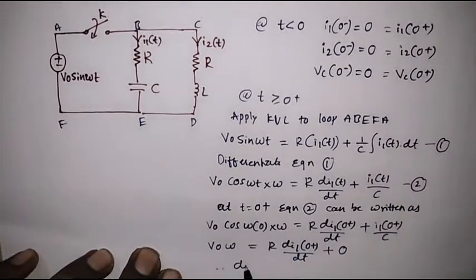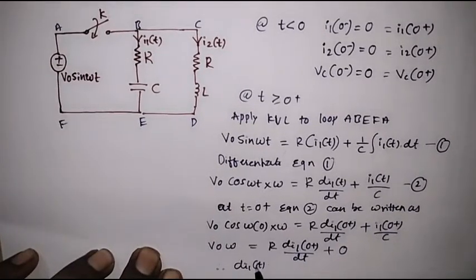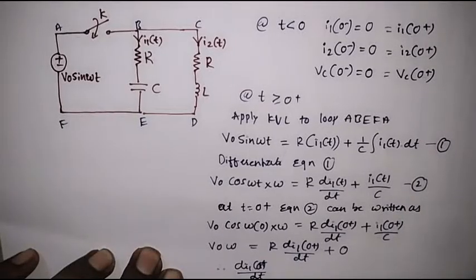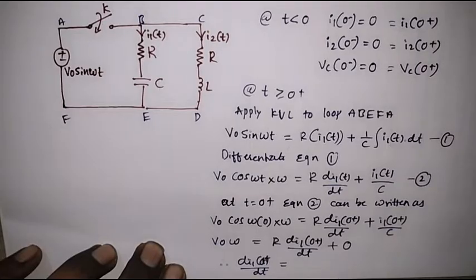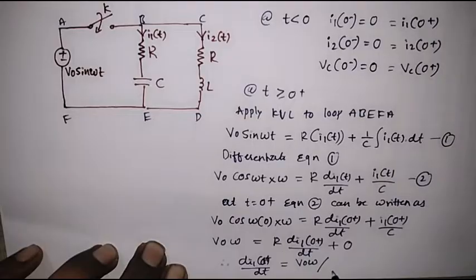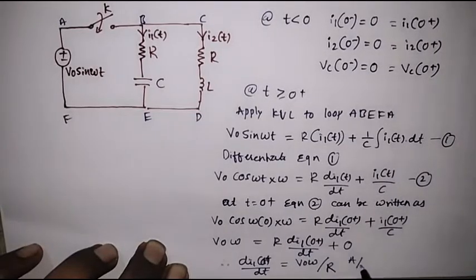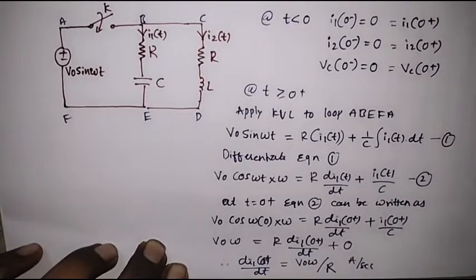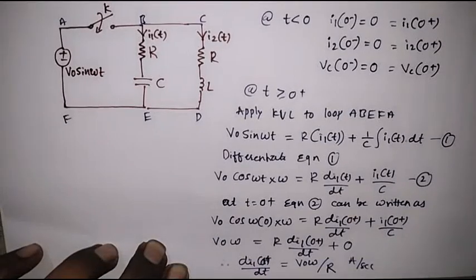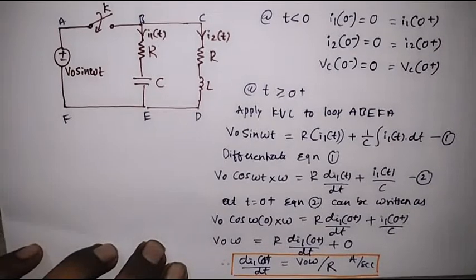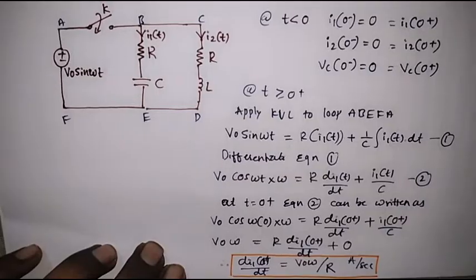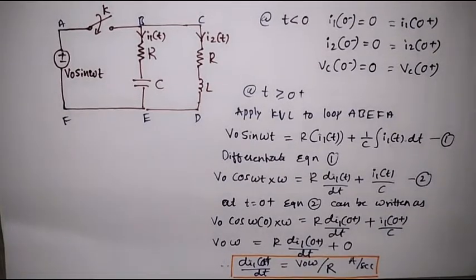Therefore di1(0+)/dt is equal to V0 omega divided by R, amperes per second. So this is the first derivative of current di1(0+)/dt.